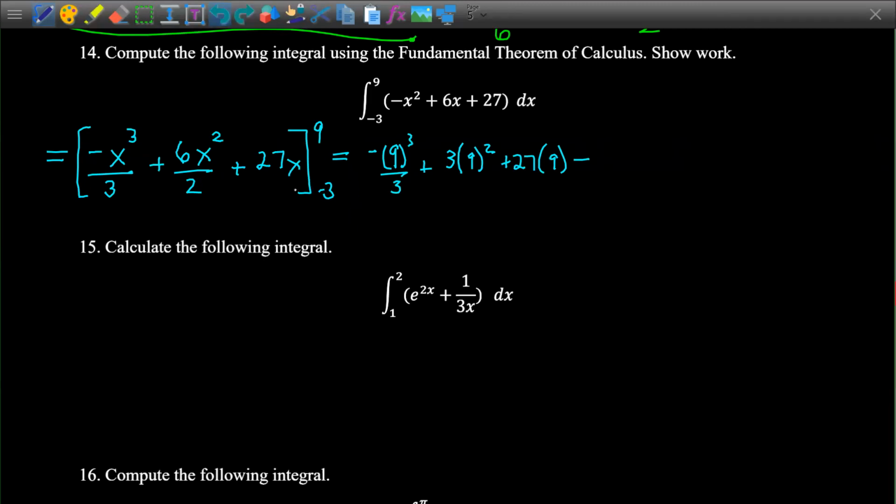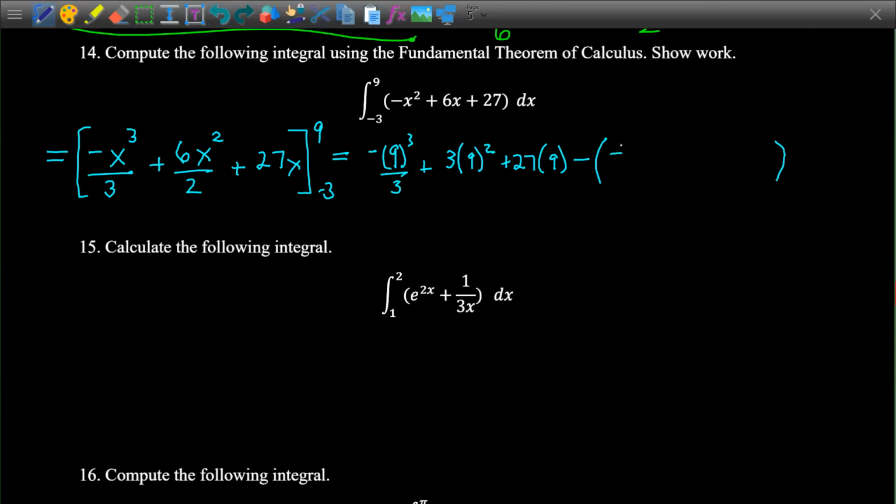And you're always going to subtract from that your evaluation of your antiderivative at your lower limit of integration. And so you just need to very carefully take care of the sign. So I'm going to put minus. And for me, I just like to say, I'm going to subtract this. I'm going to just put the evaluation of the antiderivative at that lower limit in the parentheses. I'm not going to try to negate each term as we go, because I tend to make mistakes with the signs.